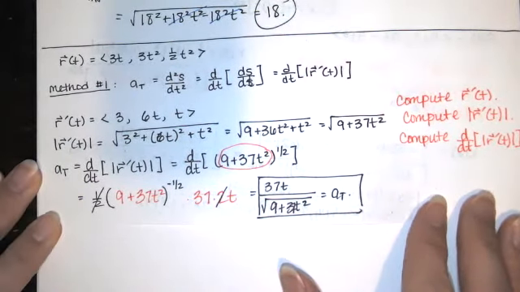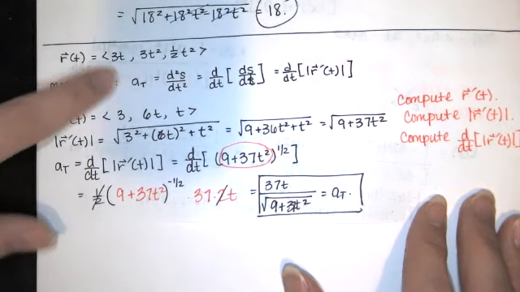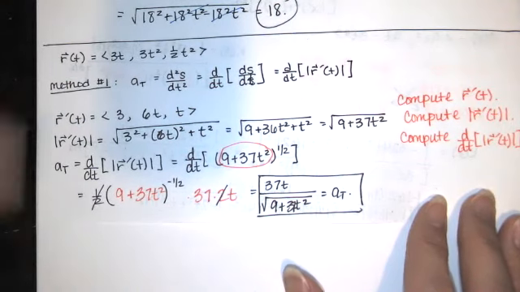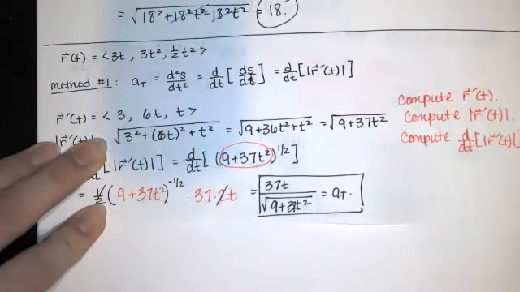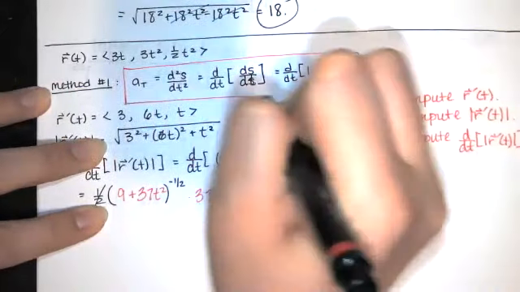Now we could also find the a sub t using the other formula. So we had this option as our first formula. Let's state the other option, our second formula.